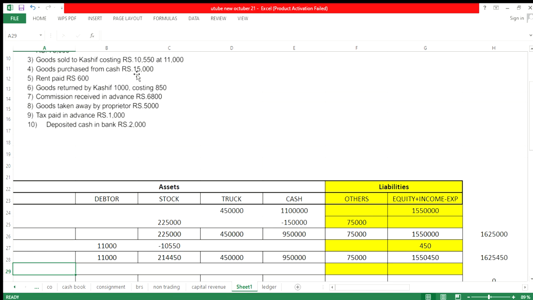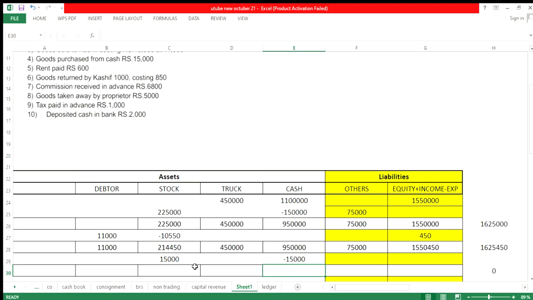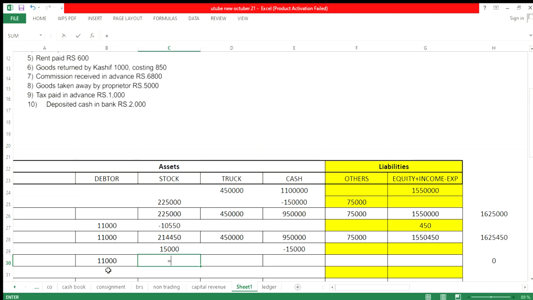Now number 4. Goods purchased for cash. You are buying goods. It means goods are coming in. How much price? 15,000. And now please note it down. Purchased for cash. So cash will go out. 15,000. Goods are in plus. Goods are coming in. Cash is going out. After completion of each entry, we are getting the sum of both sides.